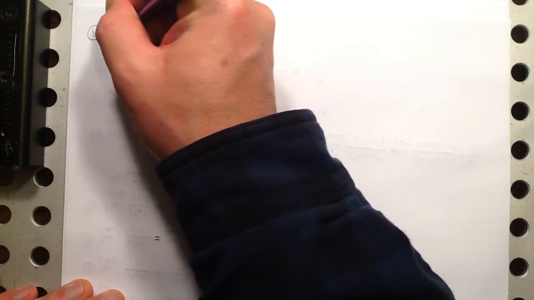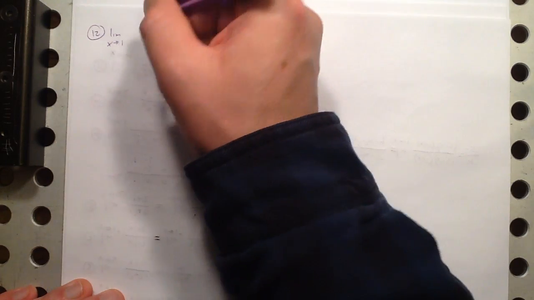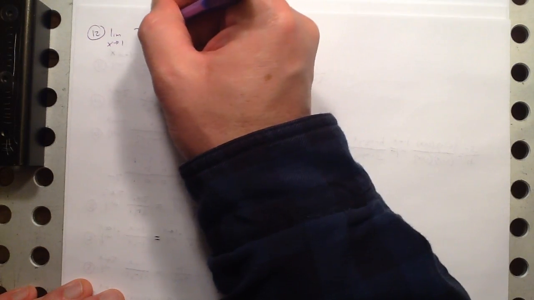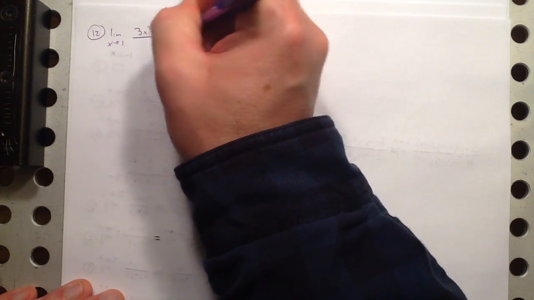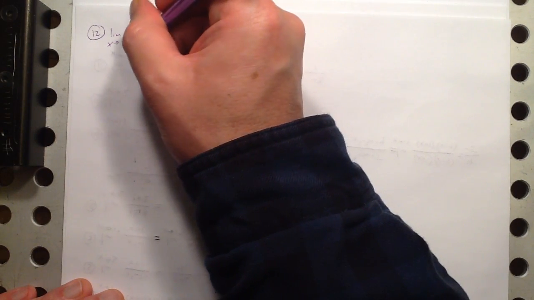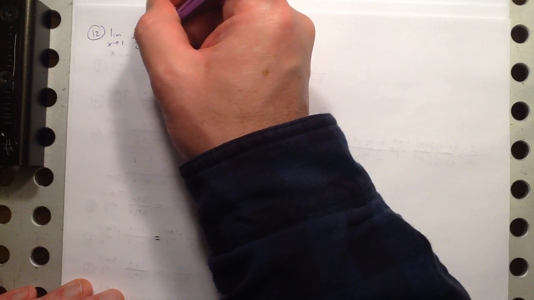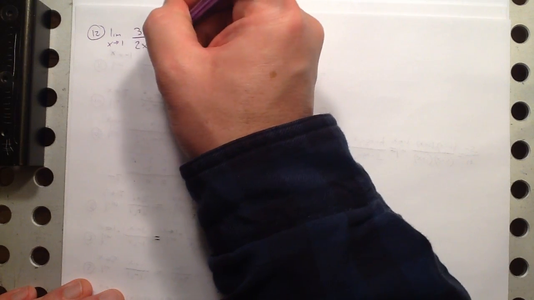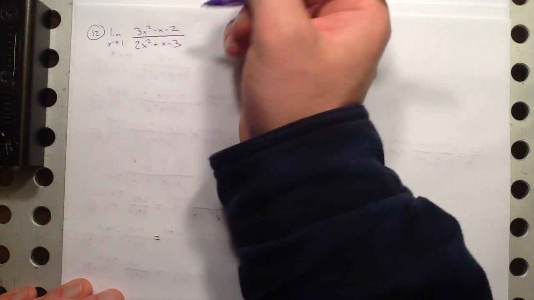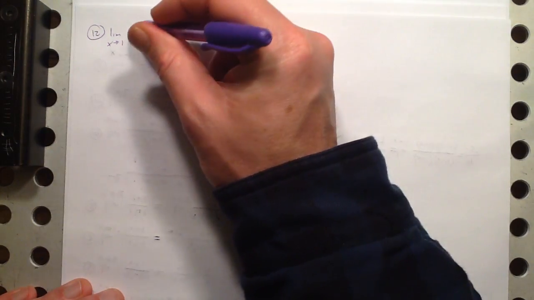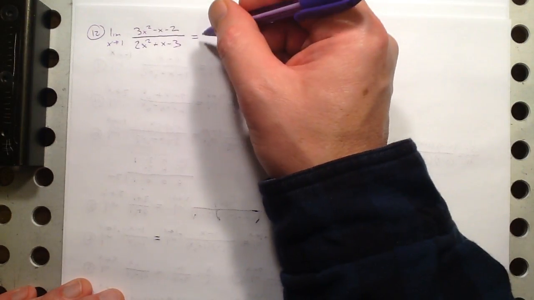Got the limit as x approaches 1, 3x squared minus x minus 2. Many, many algebra students, past, present, probably future, live in mortal fear of having to factor things where there's a coefficient in front of the x squared.